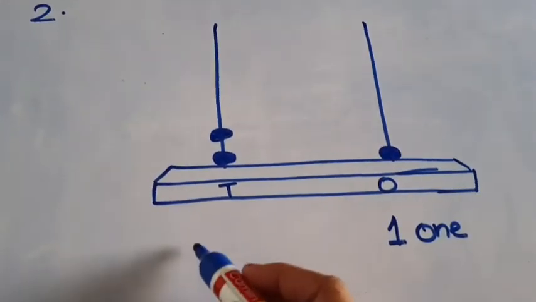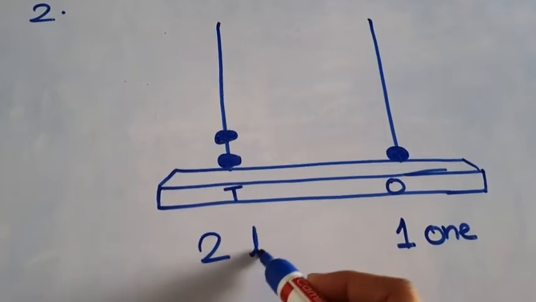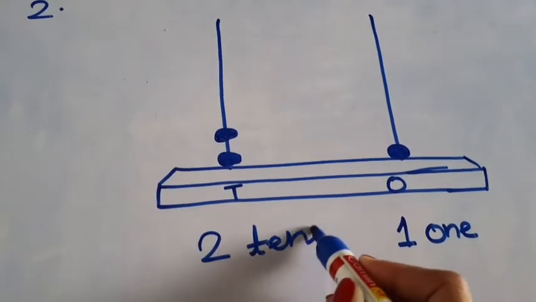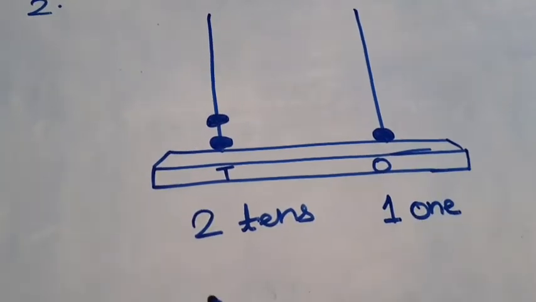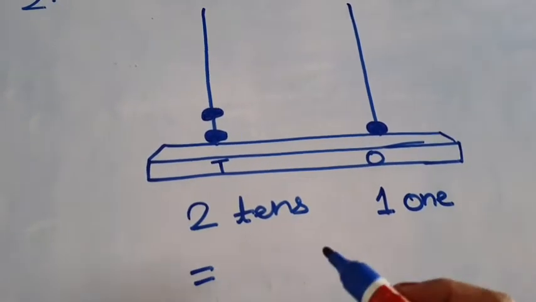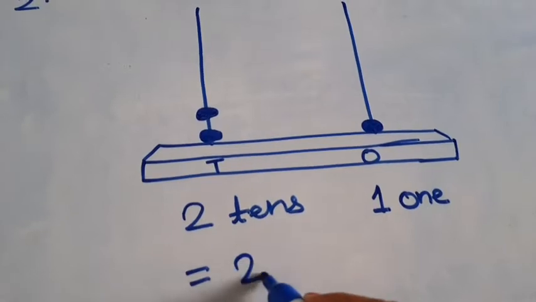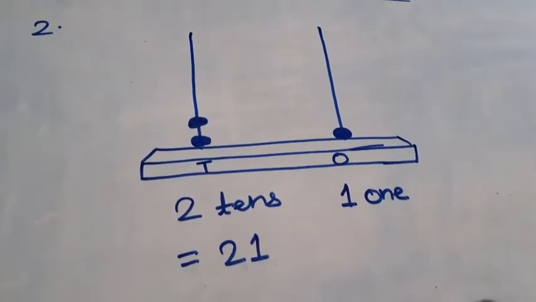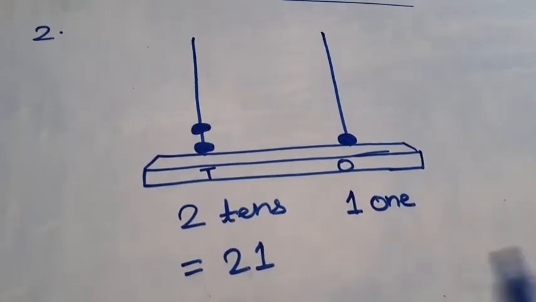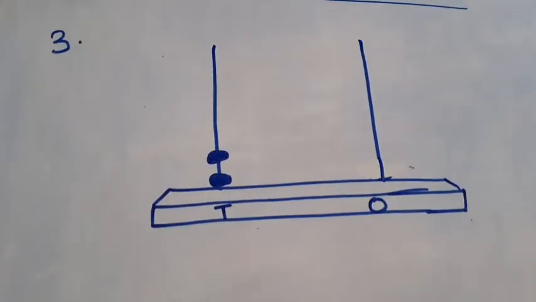So we will write 2 tens. 2 tens, 1 one. So we are getting the number 2, 1, 21. From this abacus, we are getting the number 21.